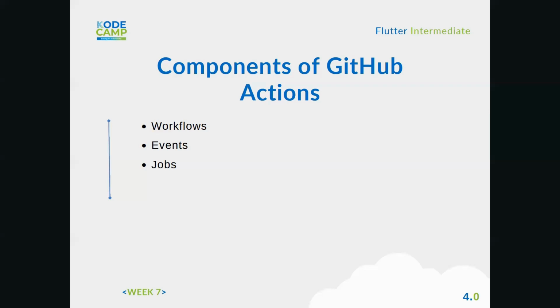Since each step is executed on the same runner, you can even share data from one step to another. For example, you can have a step that builds your APK, followed by a step that tests the application that was built. Just step by step.